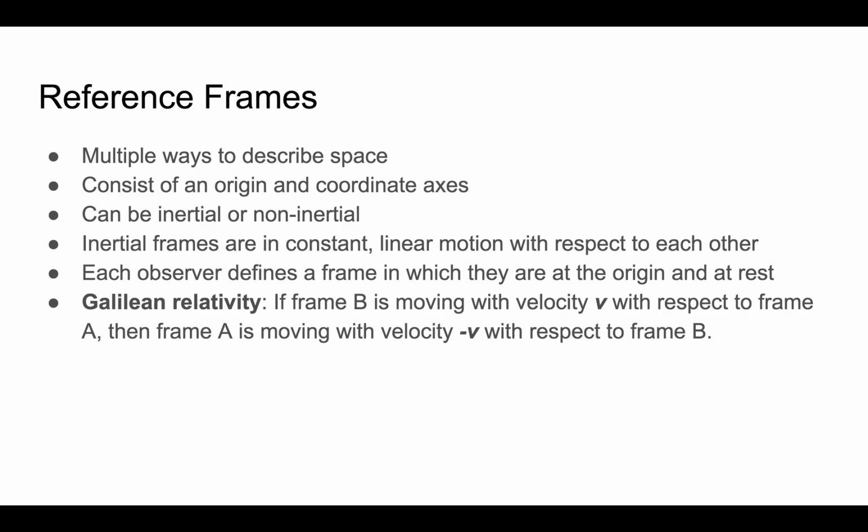And at rest means that you're not moving. So, again, the car next to you, he doesn't see himself moving, but he sees you going 20 miles an hour slower than him, which he perceives to be negative 20 miles an hour. Or in other words, you're moving 20 miles an hour, but backwards. You're going backwards from his perspective. So yeah, that's the principle of Galilean relativity for you.